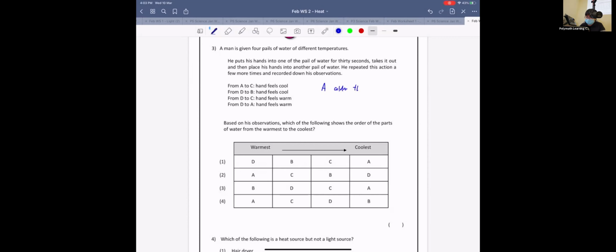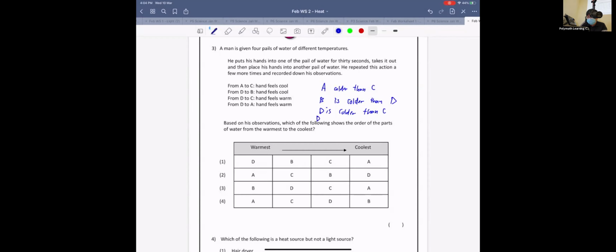Yes, A is colder than C. So there's only one option, right? Okay, then here D. Oh, sorry, B is colder than D. So the answer should be 3, right? Then when you move from D to C, your hand feels warm because C is warmer than D. So D is colder than C. Then D to A, hand feels warm.